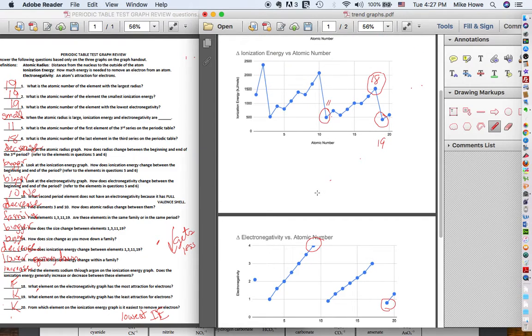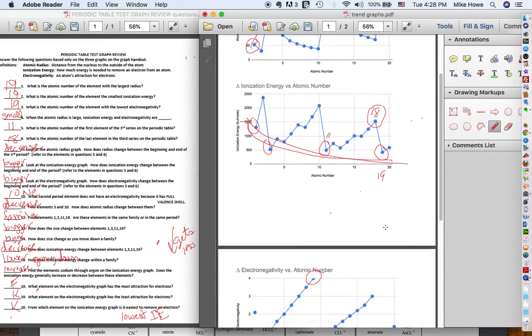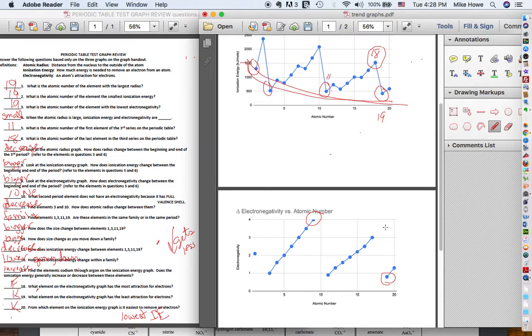As you go down a family, now remember the families are, this is a family: 1, 3, 11, and 19. As you go down a family, the atoms get bigger, which means that the ionization energy is going to get smaller. As these get bigger, the ionization energy gets smaller. These are those same elements.